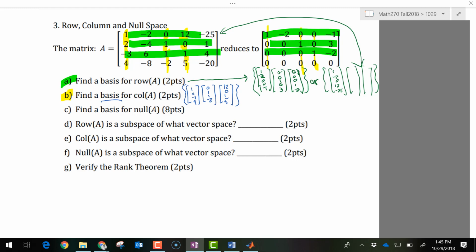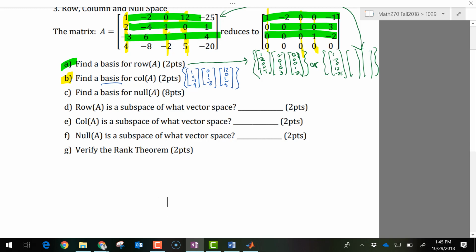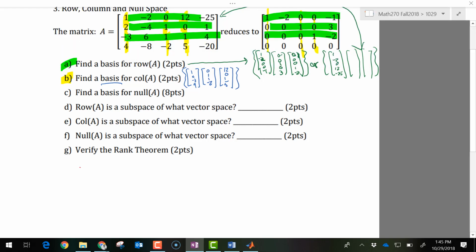All right, the null space is going to take a little bit more time, but since we have the reduced row echelon form already, it's not going to be too bad. We have 1, -2, 0, 0, -1; 0, 0, 1, 0, 3; 0, 0, 0, 1, -2; and a row of zeros.